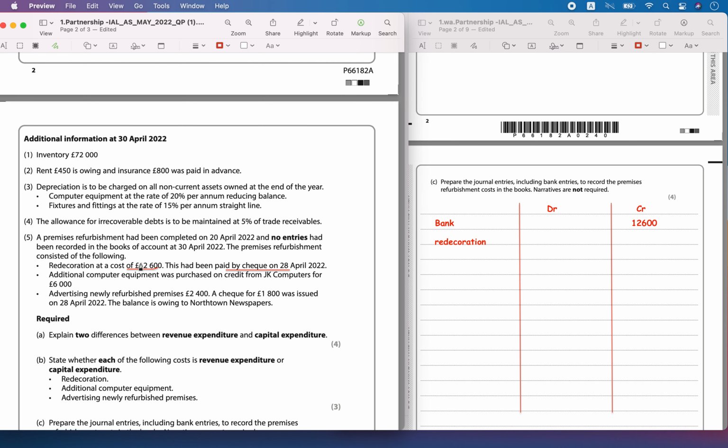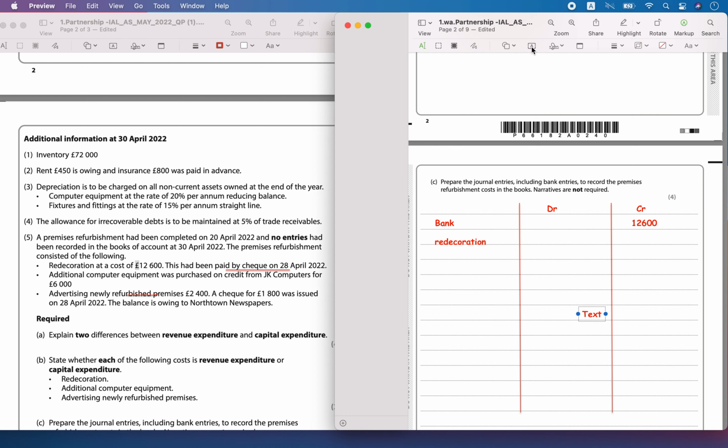In, out, that's also a way to remember this. Redecoration is an expense account, so it is going to appear on the debit side.